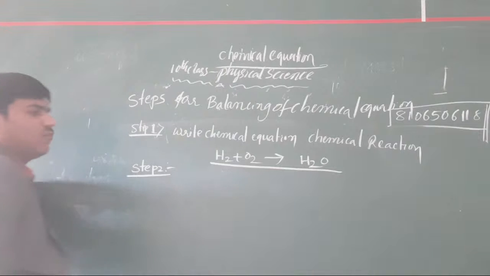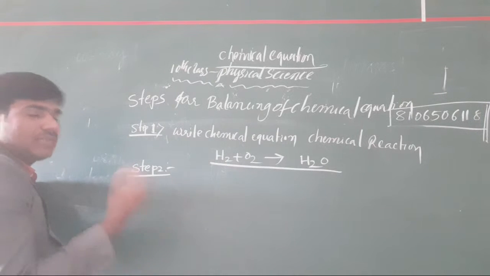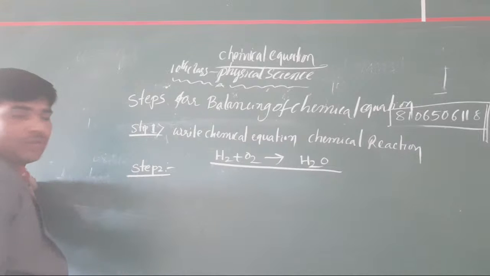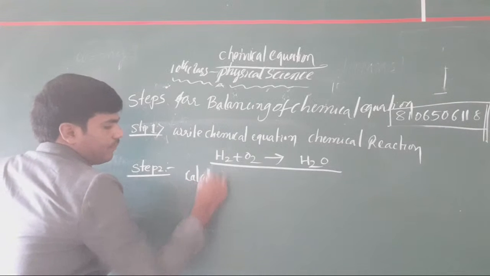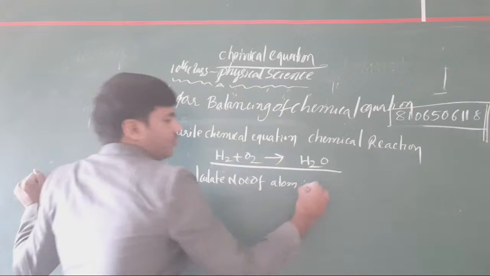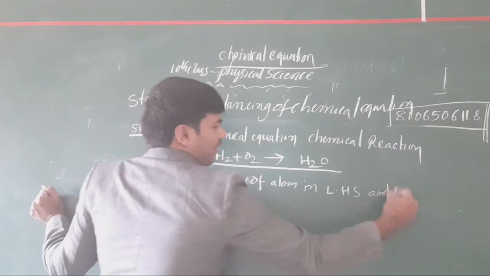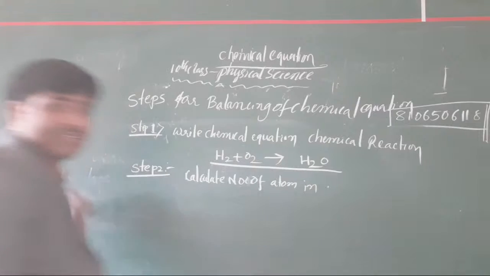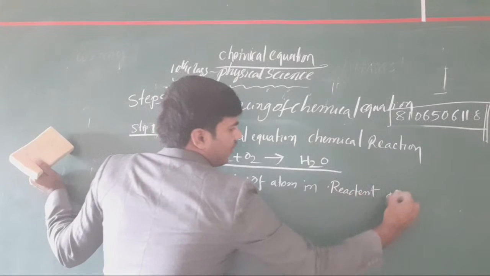In step 2, what we are concluding: calculate the number of atoms on the reactant side, and how many atoms there are on the product side. Calculate the number of atoms on the LHS as well as the RHS of the equation. Otherwise, we consider them as the reactant side and the product side.